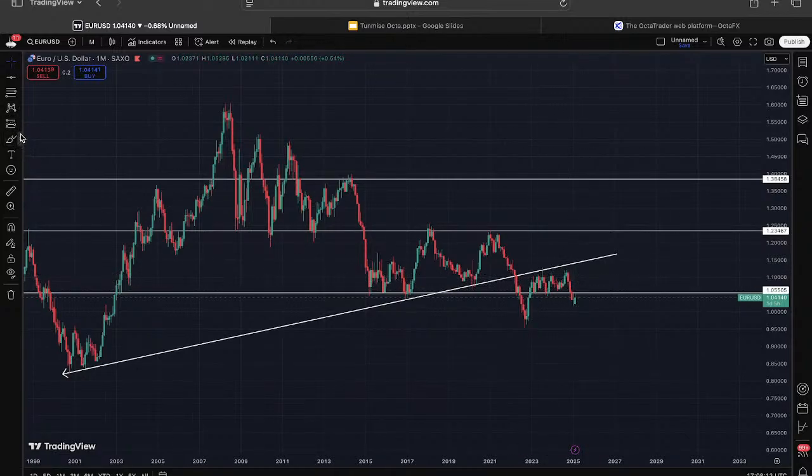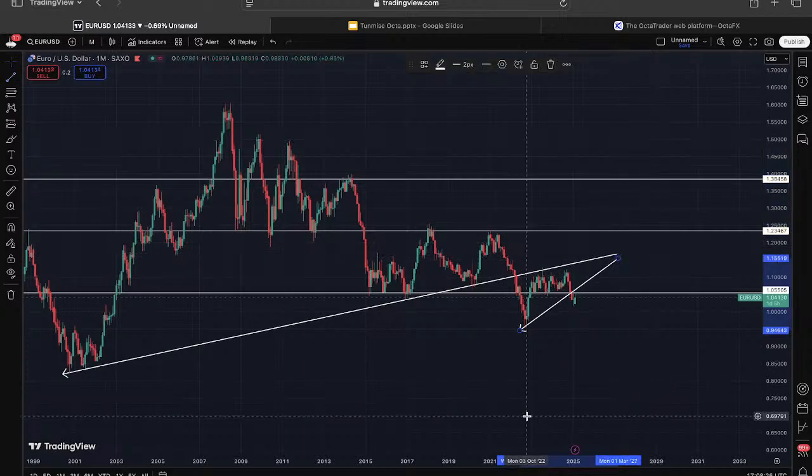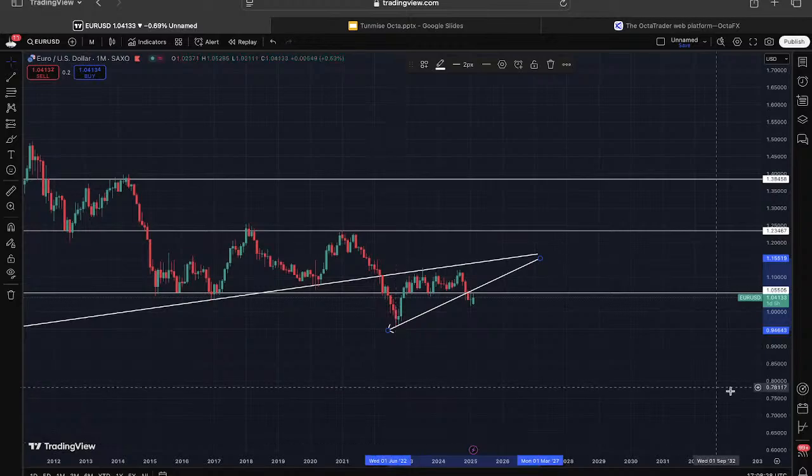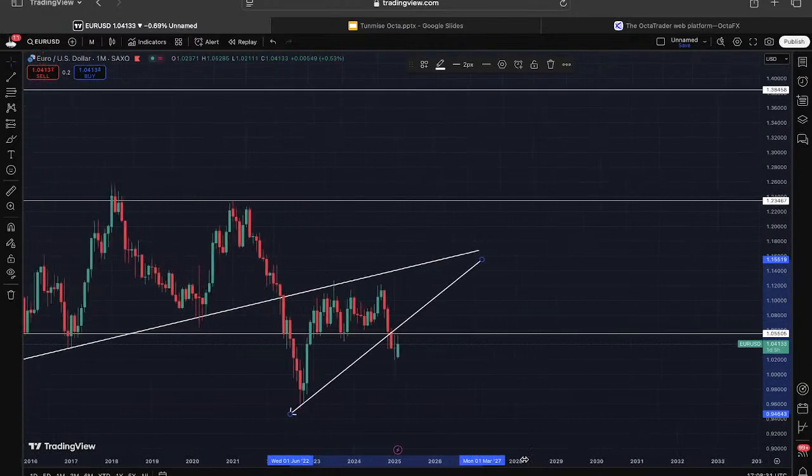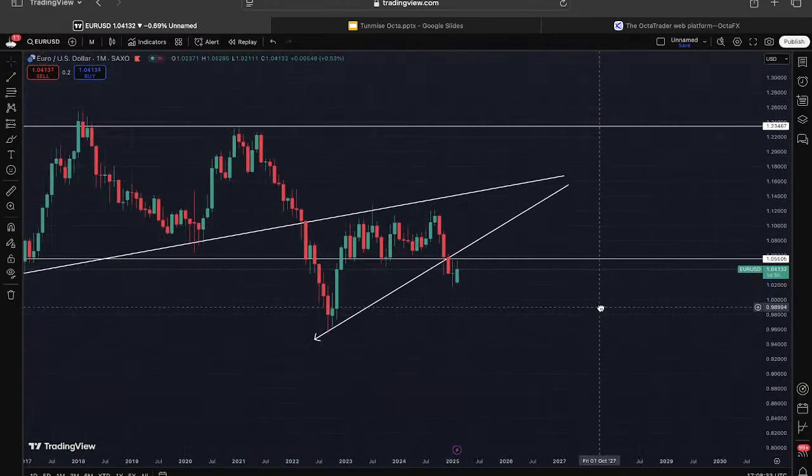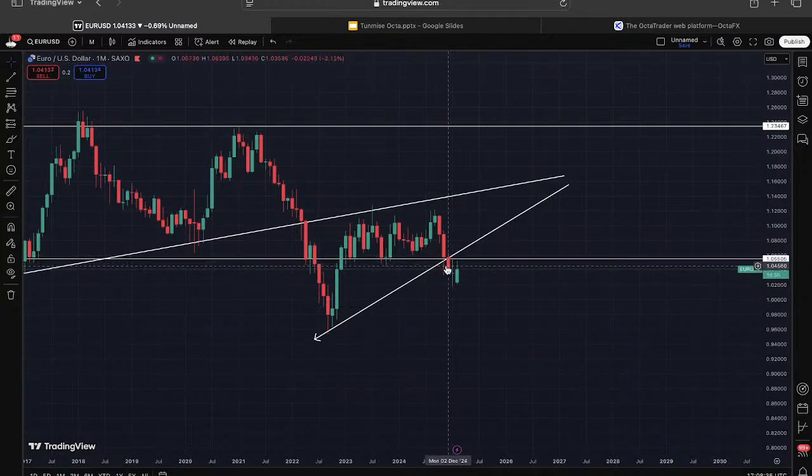And even at this level, there was a breakout. Okay, there was a breakout at this level on the higher time frame. Now this level has now turned into a support zone.